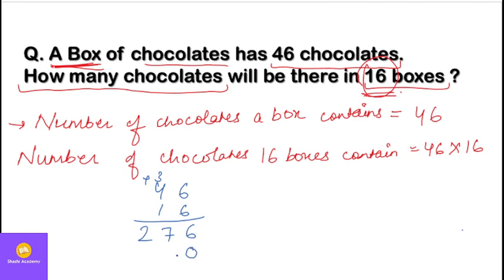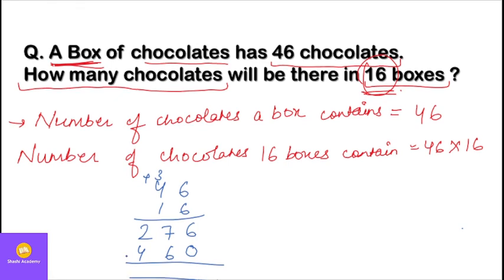You will put 0 here, 1 6 is 6, 1 4 is 4, and then you will add these two rows, 6, 13, plus 1, 7. So the answer will come out to be 736.